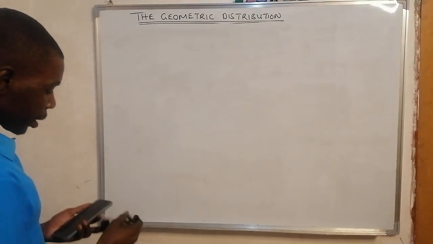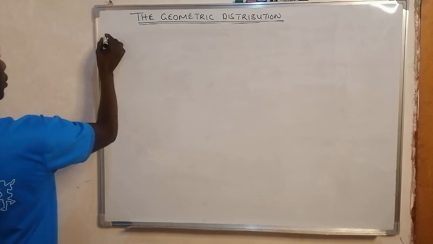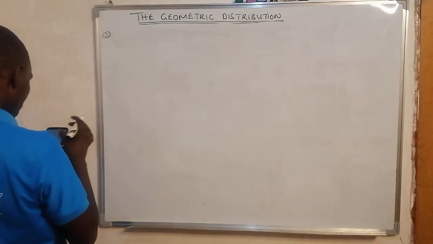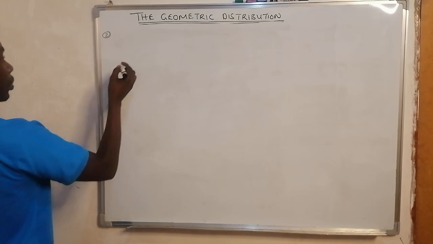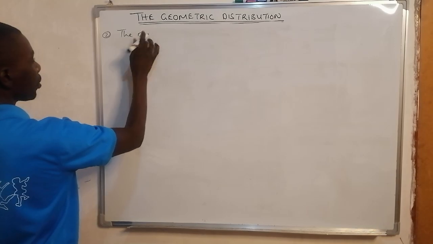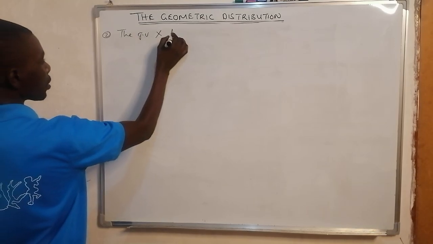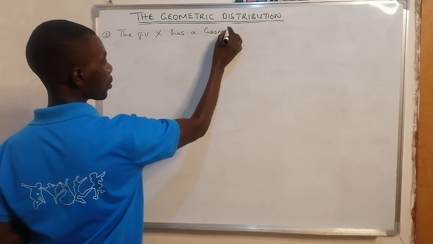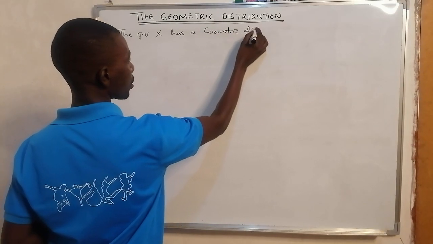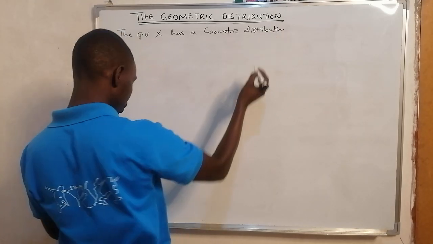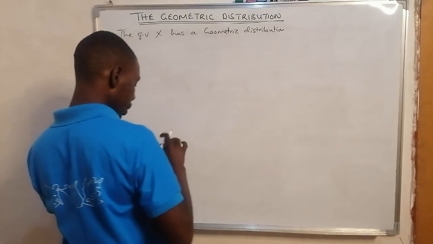Right, example number 2. The random variable x has a geometric distribution with mean 8.